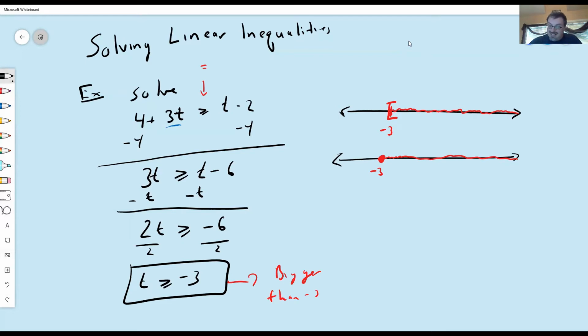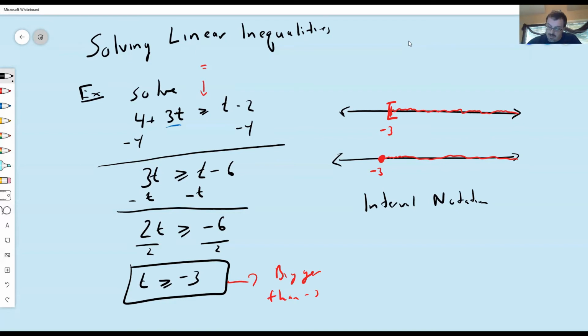And also, sometimes for the answer, we want to leave this in interval notation. All you're doing with interval notation is you're reading left to right. What's the left-hand number and what's the far right-hand number?